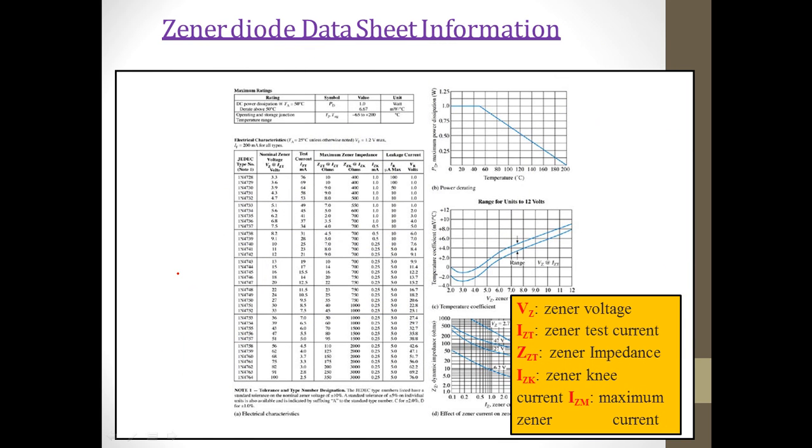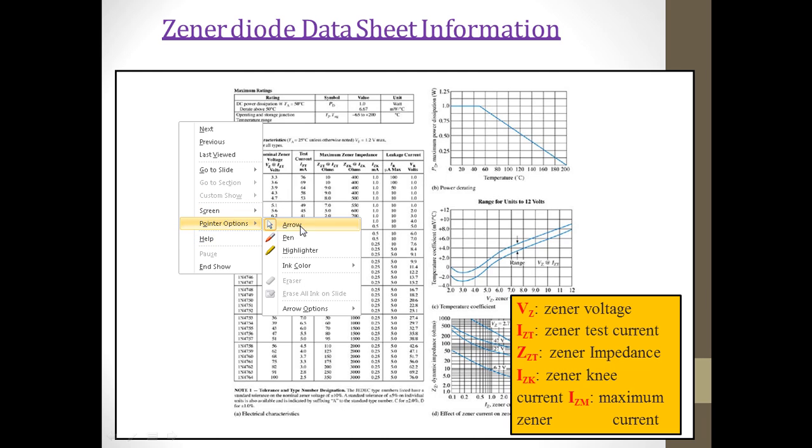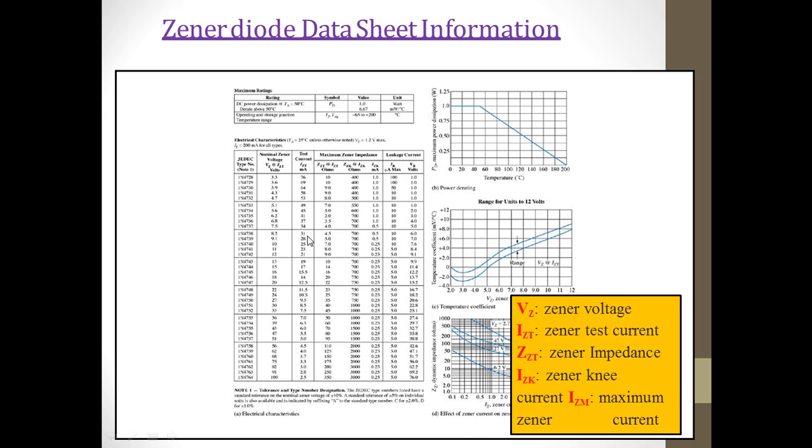So depending upon different parameters, you have to select or buy your Zener diode, and the sheet that contains all the information for any specific device is known as the data sheet. We have discussed what a data sheet is.